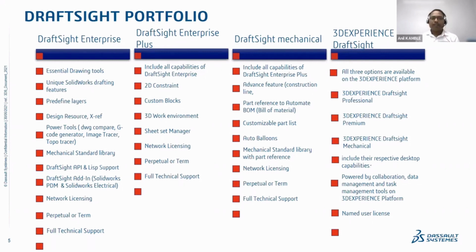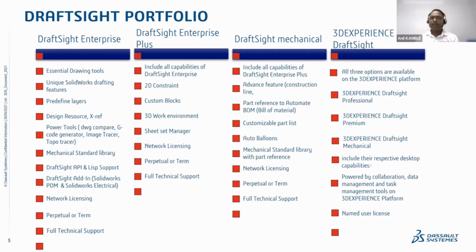It comes with the 3D work environment where you can conceptualize your idea, and a Sheet Set Manager, if you would like to organize and manage the drawings locally. Now DraftSight Enterprise Plus, if you want to refer to it, you can compare it to AutoCAD. It comes with the network license option, perpetual and term both, with full technical support.